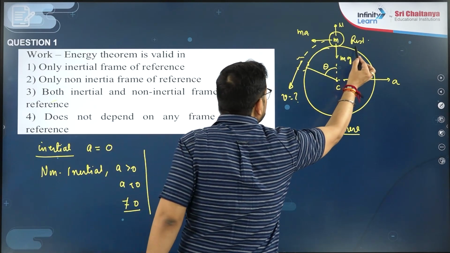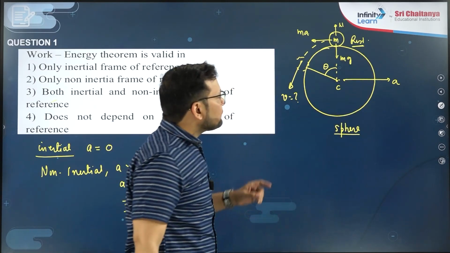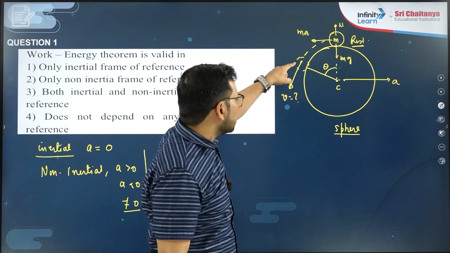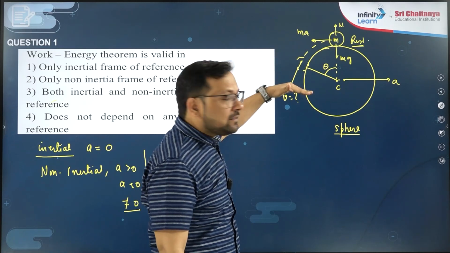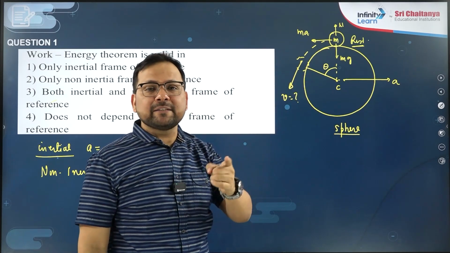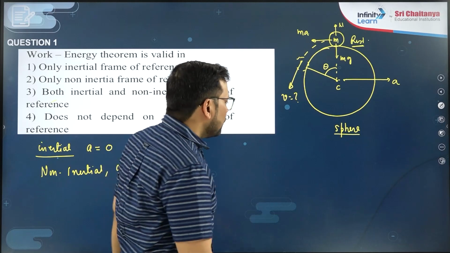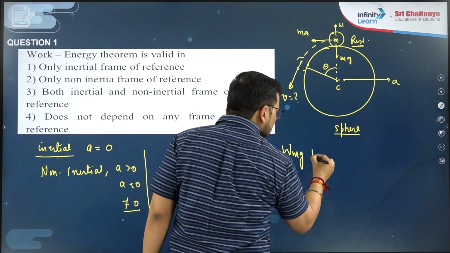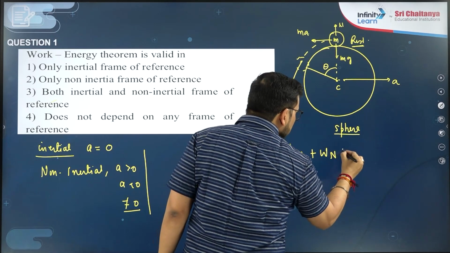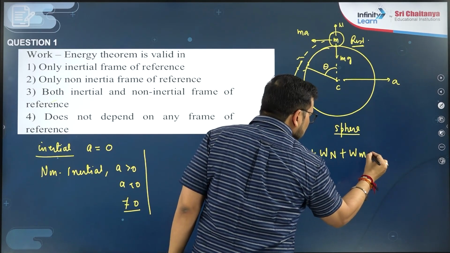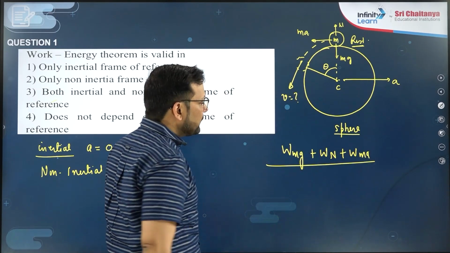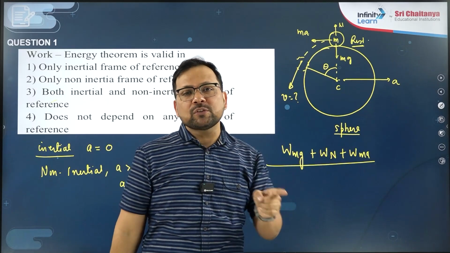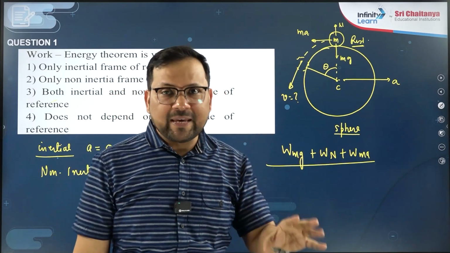Is speed changing? Yes. Initially it was at rest, no speed. Finally I am asking you the speed. Height changing? Yes. Speed changing, height changing, use the work-energy theorem. So when I use the work-energy theorem, I will write work done by gravity, work done by normal, plus work done by pseudo. The pseudo force is only used with respect to a non-inertial frame.